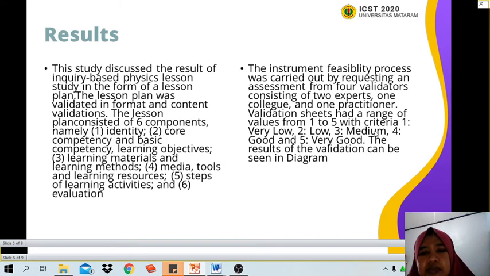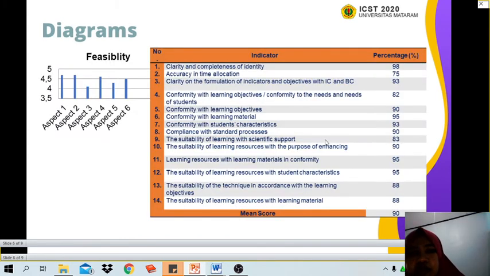And as I explained in the methods, there are five categories or criteria. The first is very low, second low, third medium, fourth good, and fifth very good. This is the result of feasibility. The first aspect is above 4.5. Aspect 2 is above 4.5.